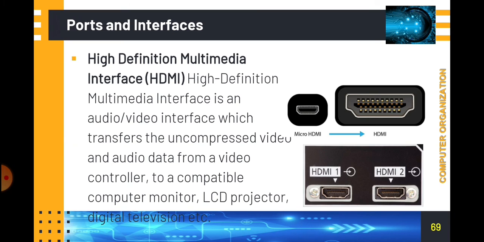That is, if you want to produce high definition video, where the resolution of the video and audio is heavy, then we can use this High Definition Multimedia Interface. This port is used to connect LCD projectors and digital televisions to your computers.